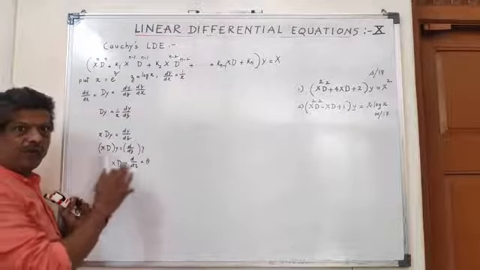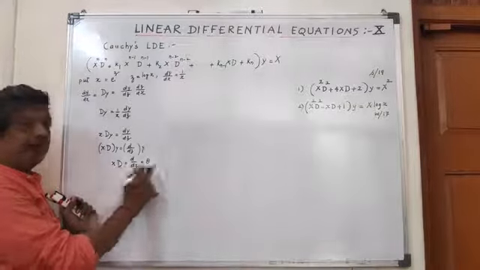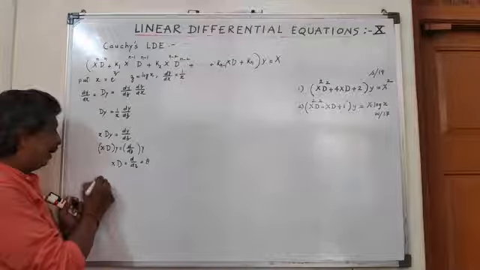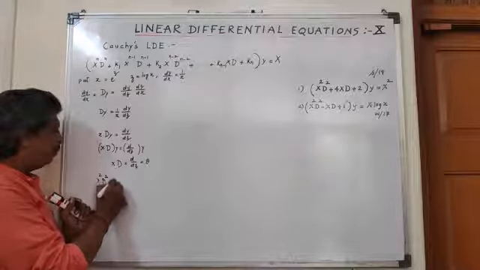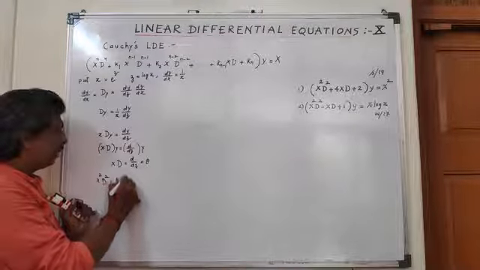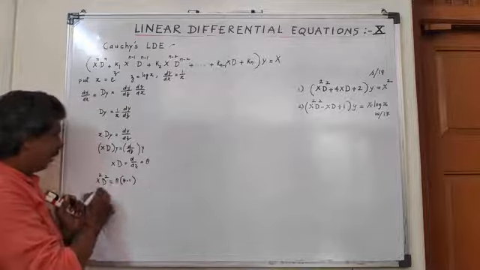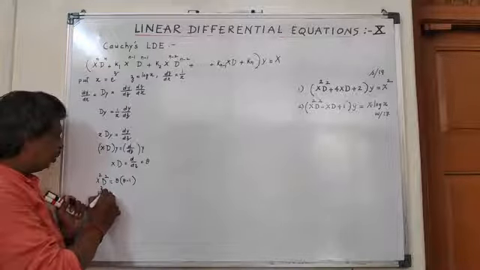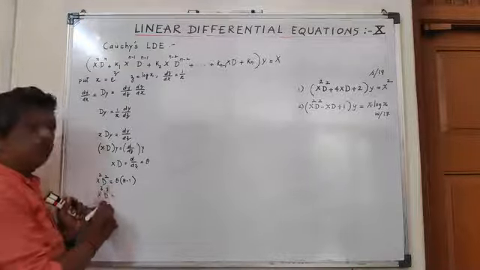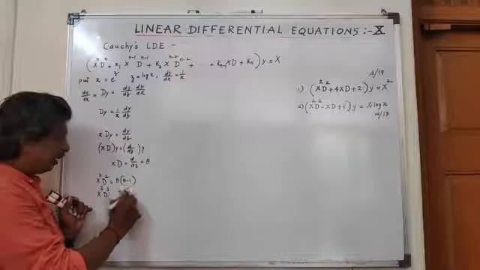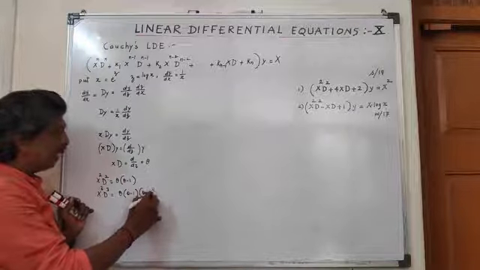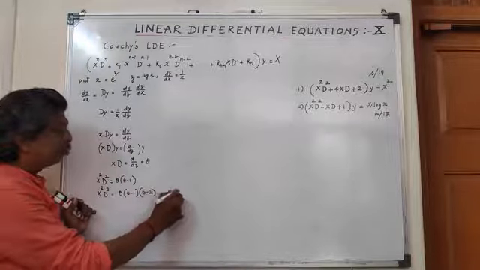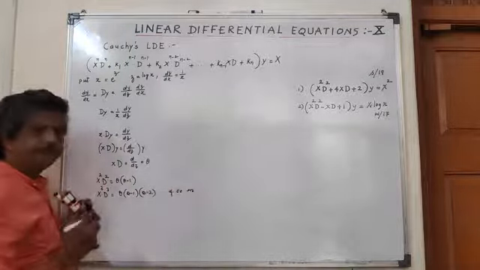Again we repeat the same procedure. xD equals theta, x square D square becomes theta into theta minus 1, x cube D cube equals theta into theta minus 1 into theta minus 2, and so on.